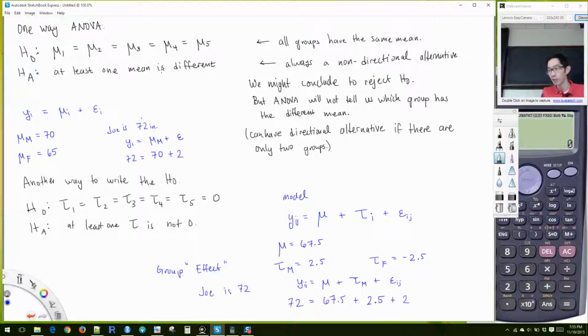So if you have more than one categorical variable used as your predictor, it's almost always going to be written this way. Do both model expressions make sense? Are there any questions on this?